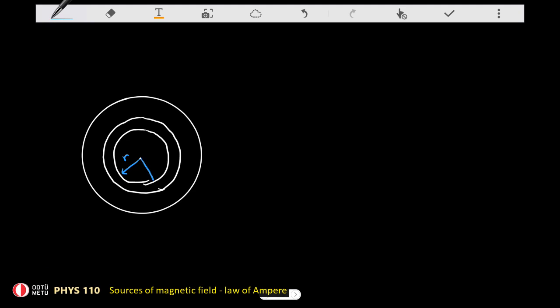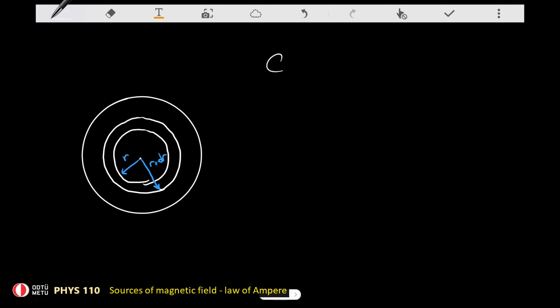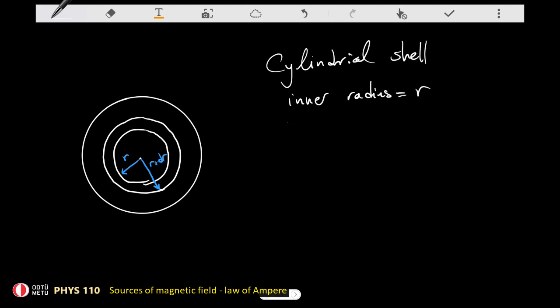I'm going to show the radius of the outer cylinder as r plus dr. So I'm considering a cylindrical shell where the inner radius is little r and the outer radius is r plus dr, where this dr is an infinitesimal.